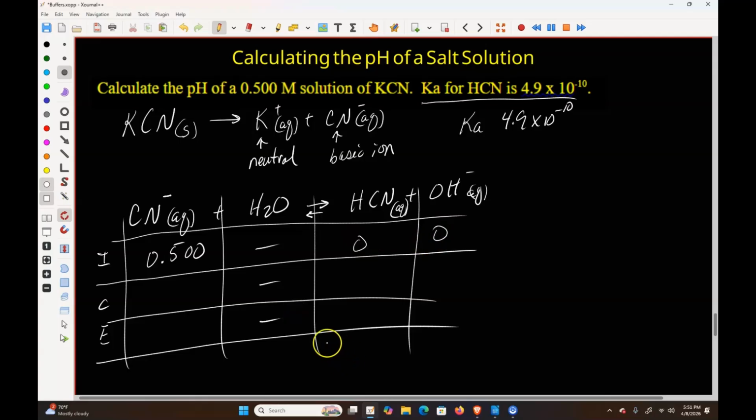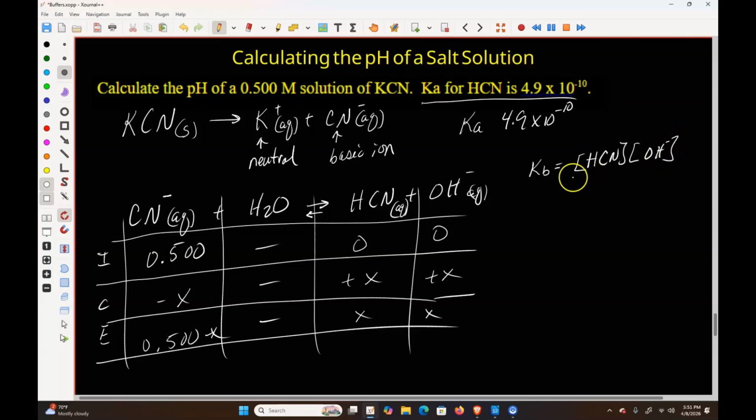I have none of those initially. Minus x, plus x, plus x. 0.500 minus x, x, and x. So I know that Kb is going to be the HCN concentration times the OH negative concentration over the CN negative concentration.